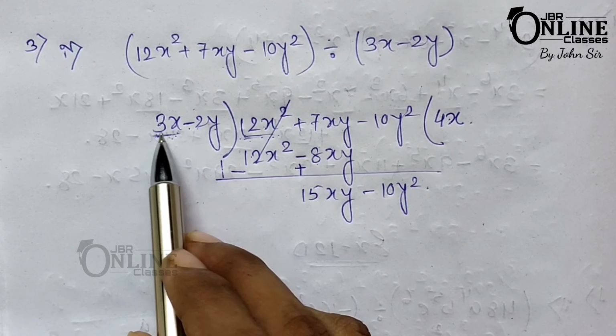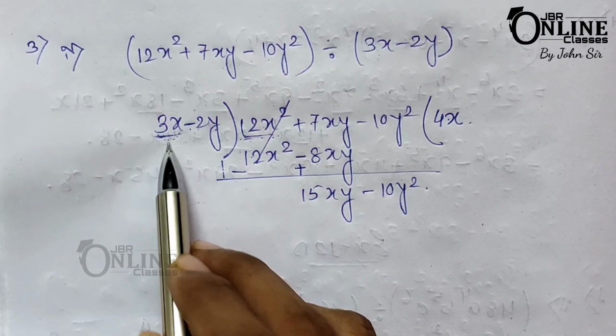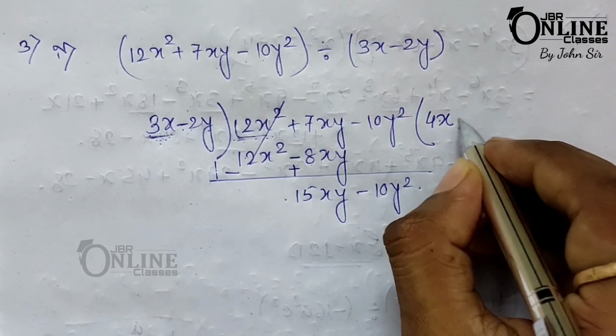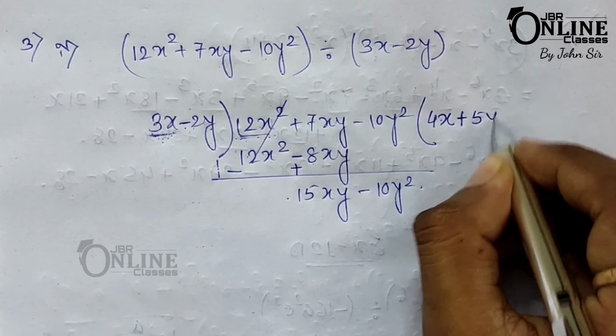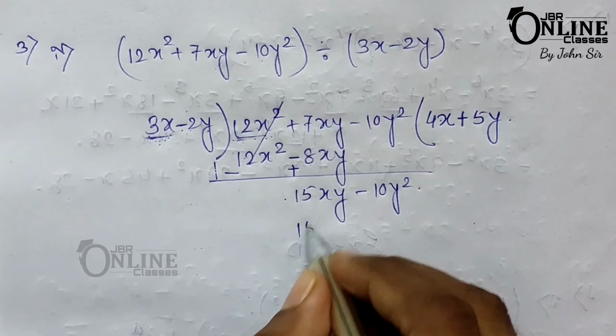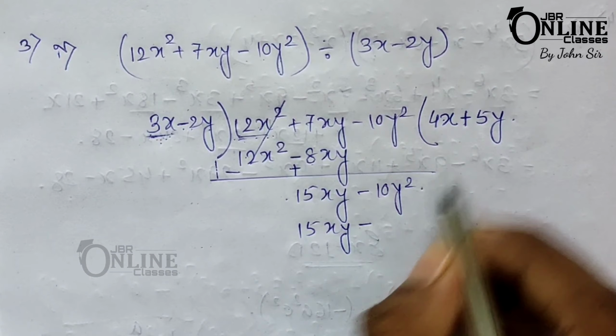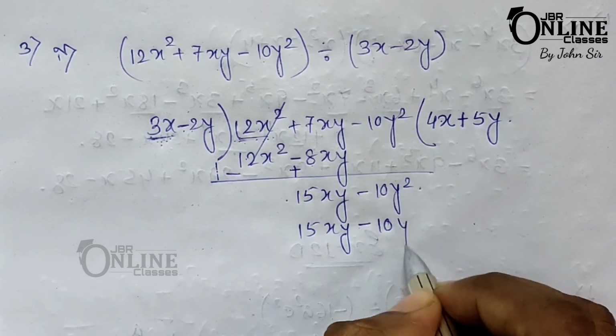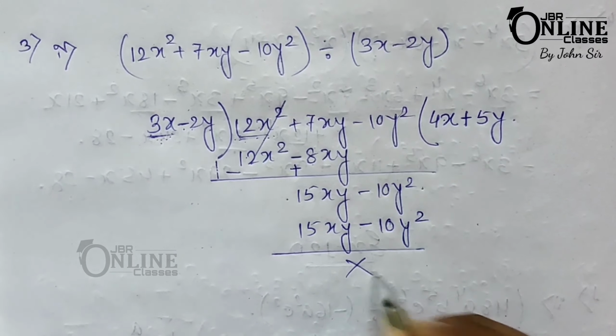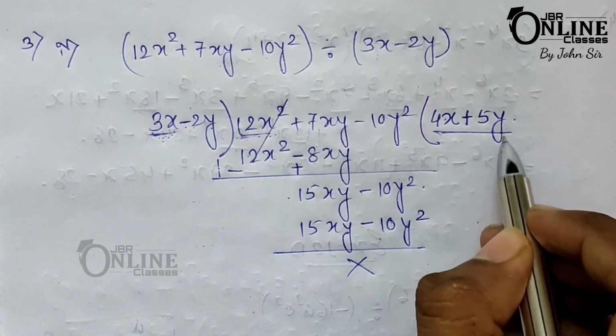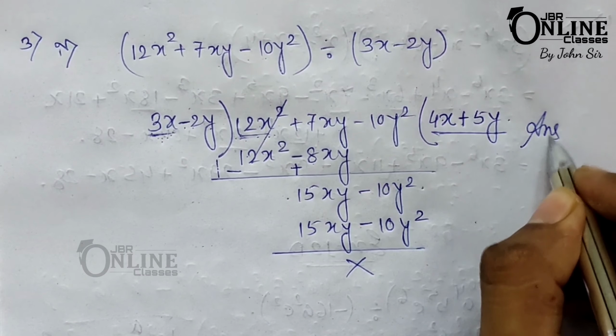Now if you multiply 3x with 5y, as here plus, so write down here plus, then 5y, so that equals 15xy, then minus minus, 5 into 2 is 10y square. So that is 4x plus 5y, it's your answer.